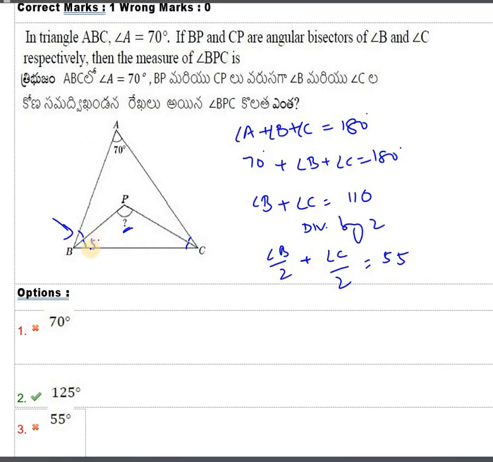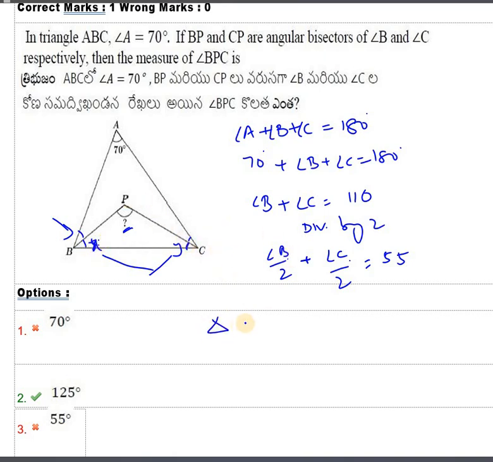Suppose this angle is X and this is Y. This is angle B by 2, angle C by 2, the angles in the smaller triangle.